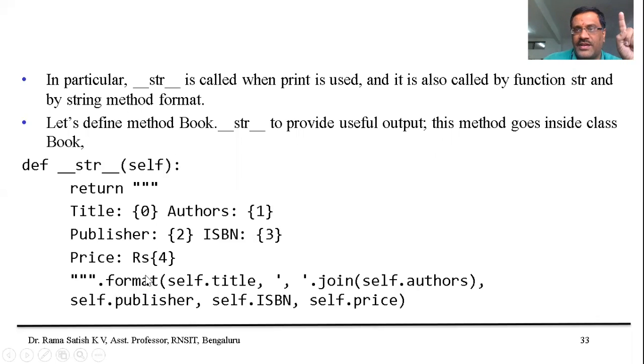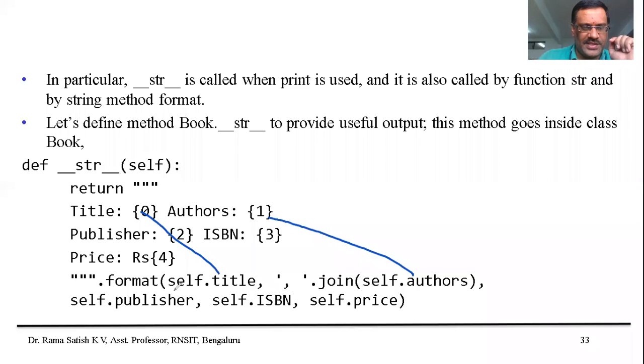In __repr__, what we are doing is very simple, similar to your C program formatted string. Here you are creating a string using a method called format. First, 0 means the first argument and 1 means the second argument. So title is 0, and 1 is authors. If there are multiple authors, the join function adds a comma for each author.